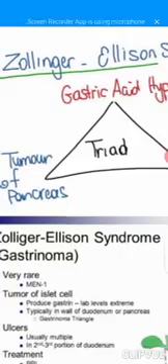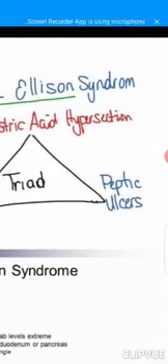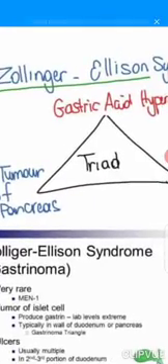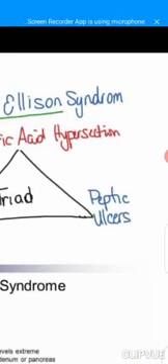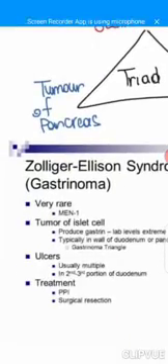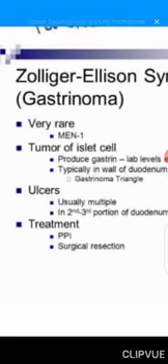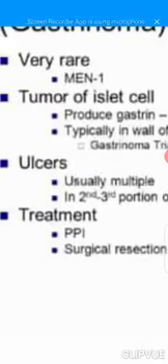So the triad is this. We have pancreatic tumor, excess gastric acid production, then peptic ulcer. The triad of Zollinger-Ellison syndrome: pancreatic tumor, which is gastrinoma, then gastric acid hypersecretion, then the peptic ulcer. Now, always remember that this ulcer can be seen along the entire GIT, although it is found more frequently in the stomach and the small intestine.